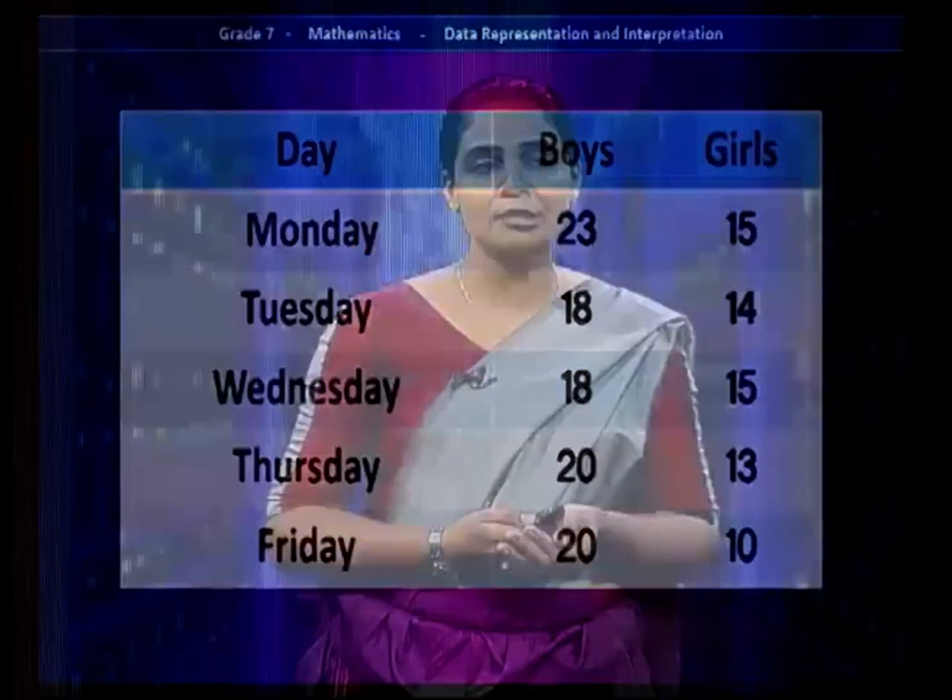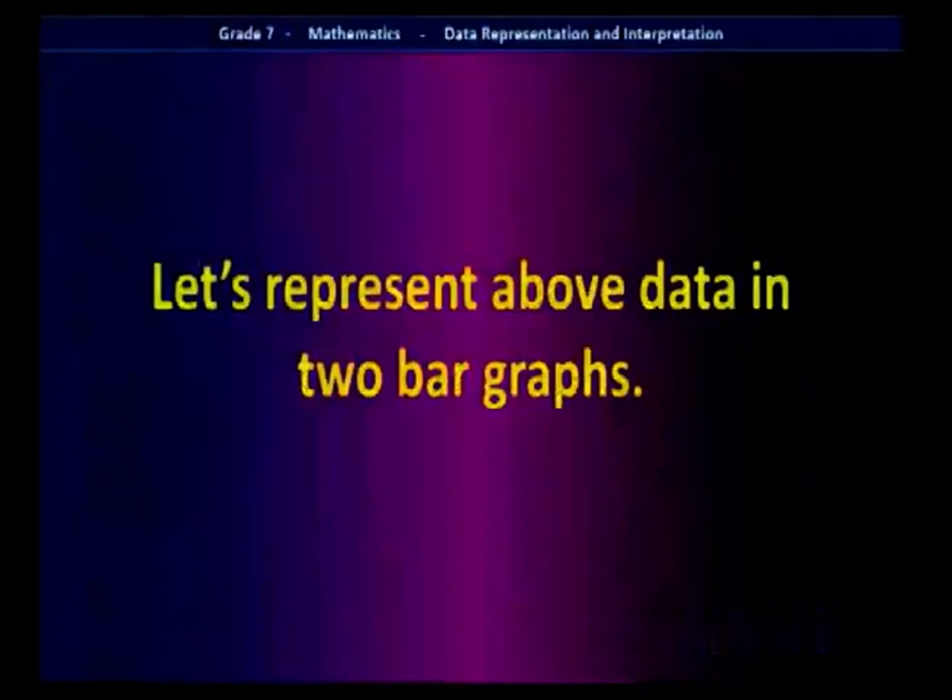Now how can we show this information using a bar graph? First of all, let's mark them using separate bars. We have to use two bar graphs.